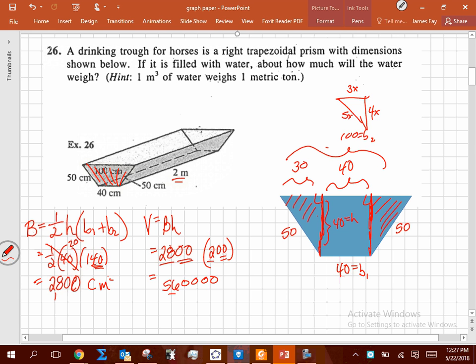I don't know why I wanted to add a fifth one again. So that is centimeters to what power? Third. Because this was an area, centimeters squared, and this was a distance, centimeters to the first. When I multiply like bases, we add the exponents. So now it's centimeters cubed.